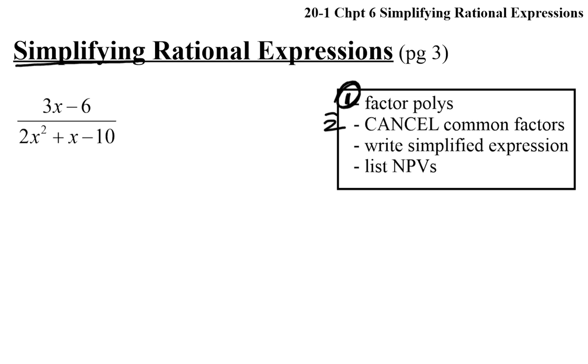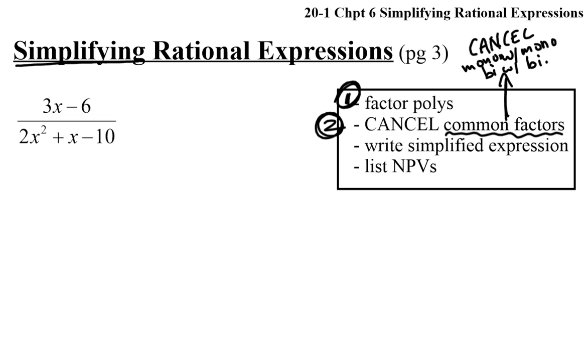And that's why step 2 is going to be so important as well: common factors. You can cancel a monomial with a monomial. And I can cancel a binomial with another binomial. But I can't cancel parts of these things. Oh, look, there's a 6 and a 10.